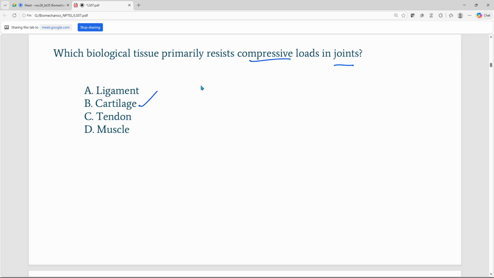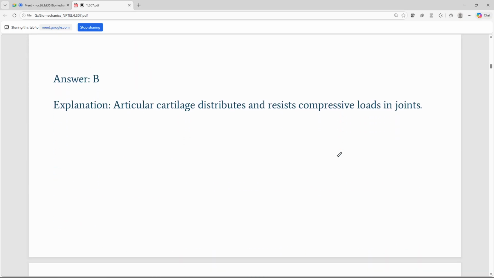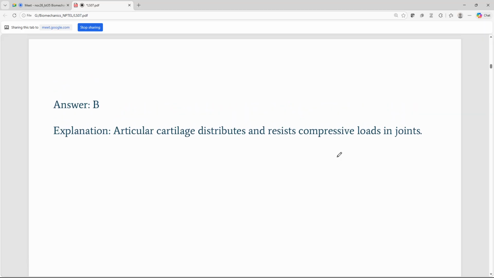So, if you remember, in last sessions, we have discussed the knee joint. There, in the knee, there was the meniscus, lateral and medial meniscus. So, this is one such cartilage.